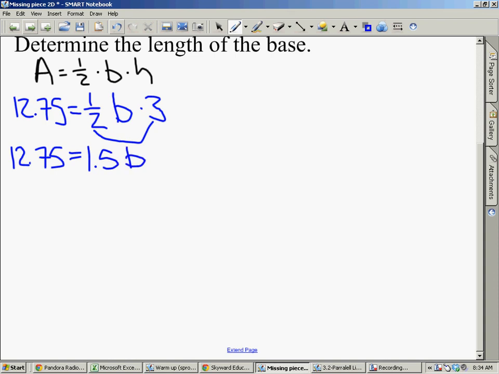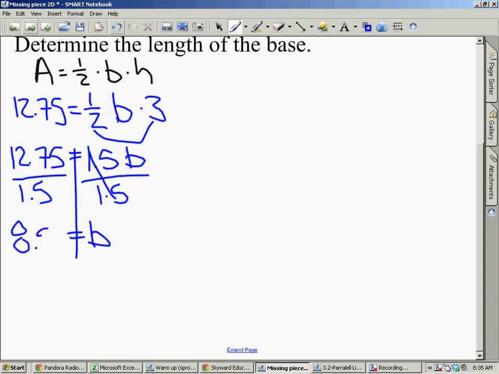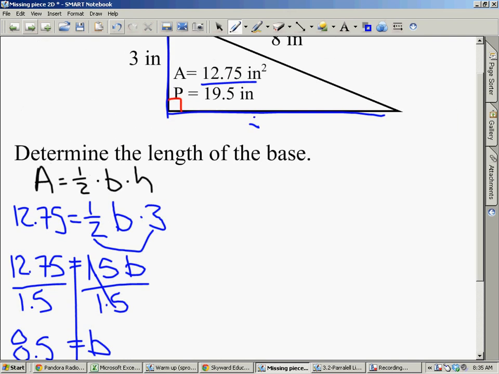Now in order to get the base by itself, I need to get rid of that 1.5. I notice that they're multiplying, so I'm going to divide, giving me B equals 8.5. So that's what I'm thinking the base is, 8.5.